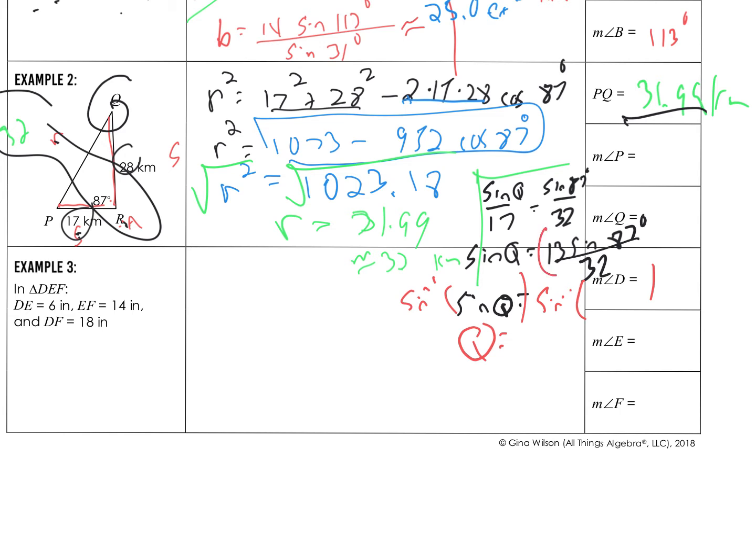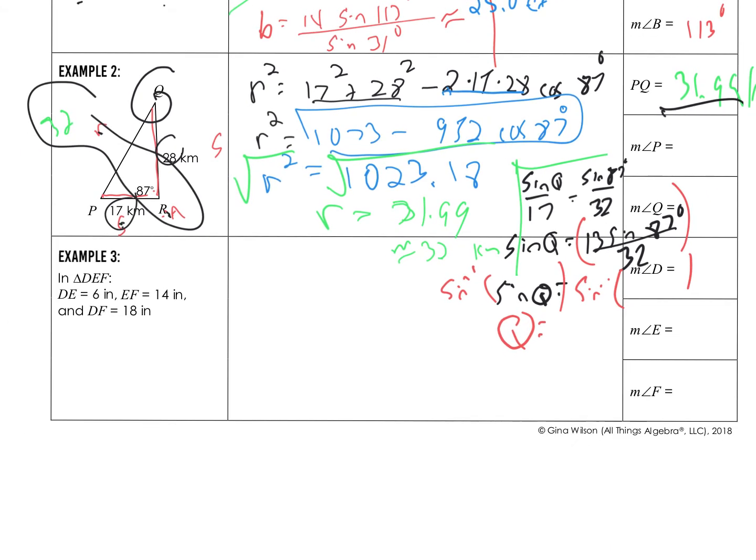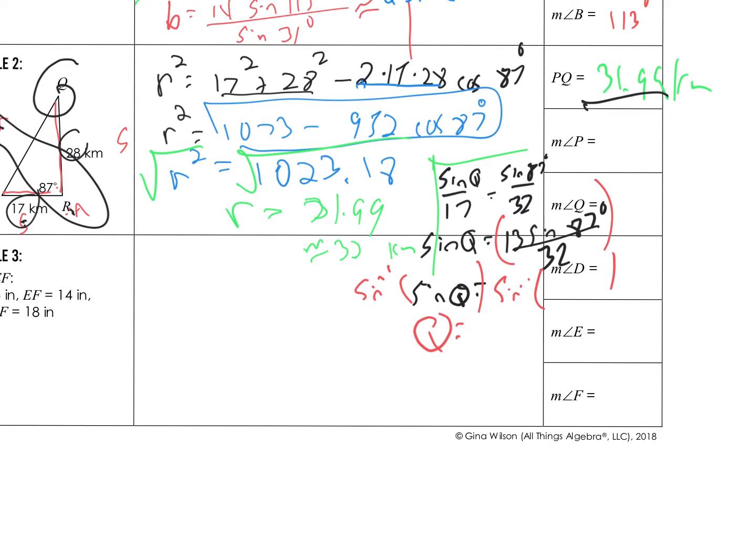You got to do the inverse sine of that whole fraction. It's a lot of work. I would just type in inverse sine of that whole fraction, 17 sine of 87 divided by 32. I would just keep that in the parentheses and do the inverse sine of that. Why do extra work?